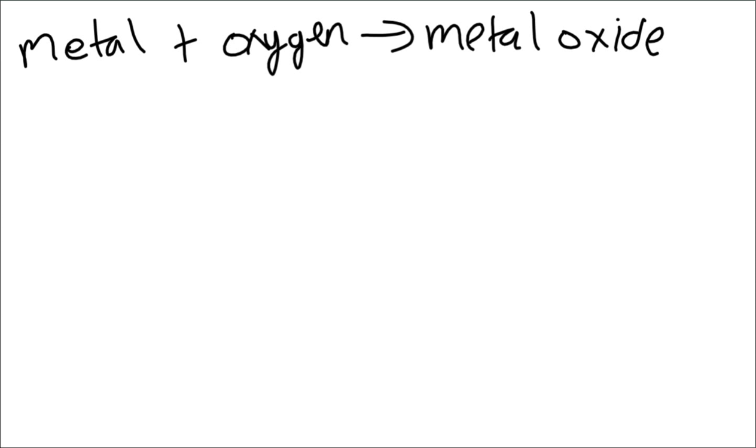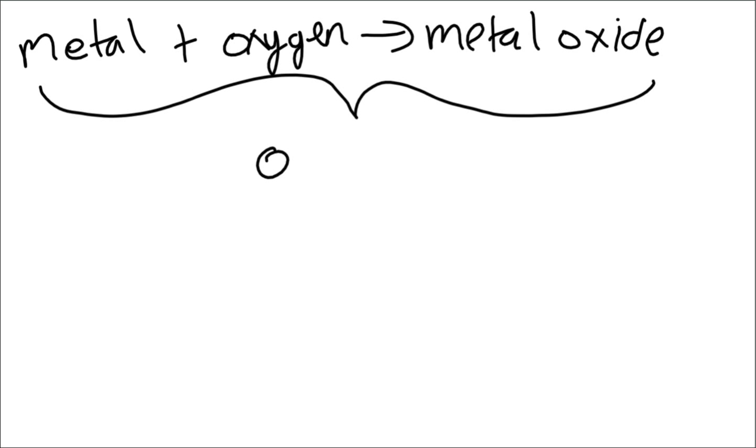And this is an oxidation reaction. So whereas reduction was removing oxygen from the metal oxide, oxidation is adding oxygen to a metal to produce a metal oxide. Now the more reactive a metal is, the more rapidly it is going to corrode.